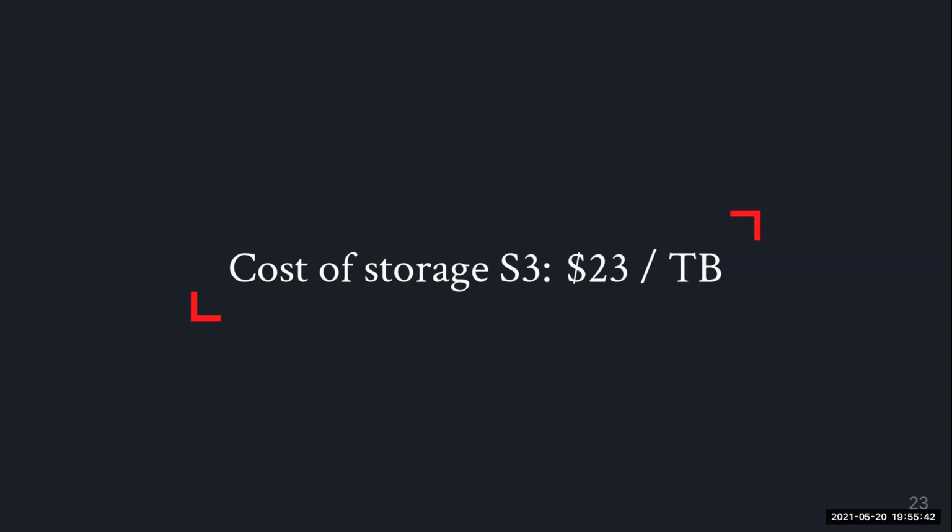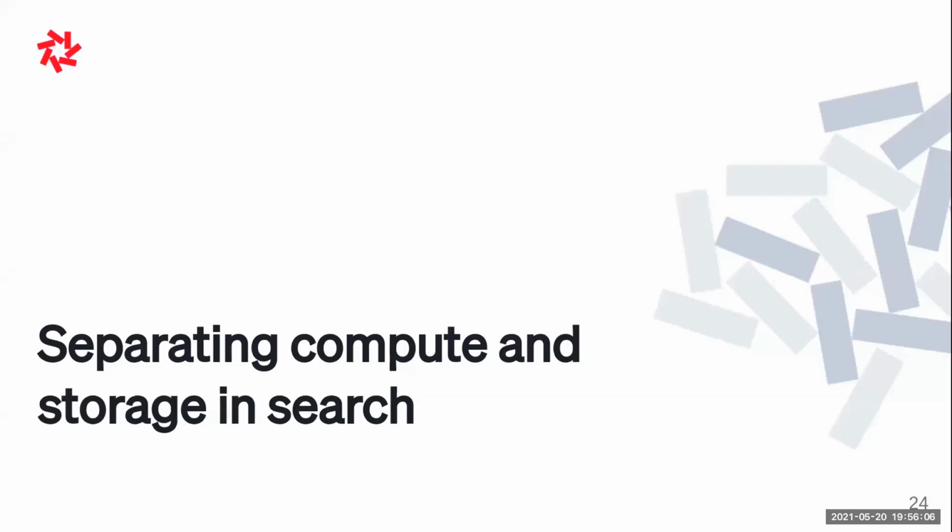So overall, I believe that a normal log deployment will probably cost less than $100 per terabyte per month, hence 10 times cheaper than a regular log search deployment. So how would we do this? By the way, it's called separating compute and storage.